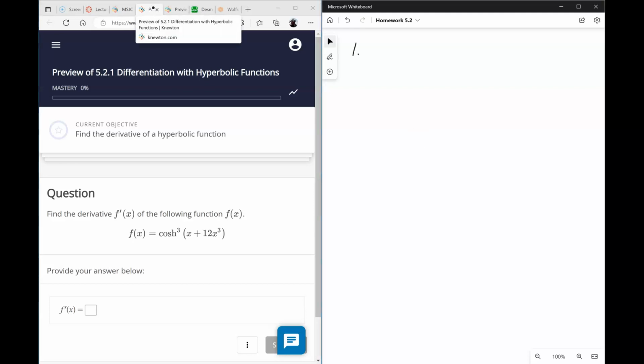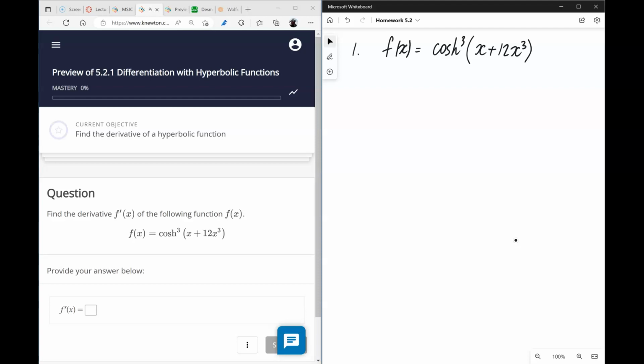So problem number 1, find the derivative of the following functions. So we have hyperbolic cosine raised to the power 3, and we have a polynomial inside. To find its derivative, we're going to recognize the composition of functions.